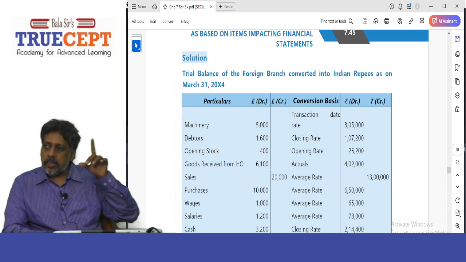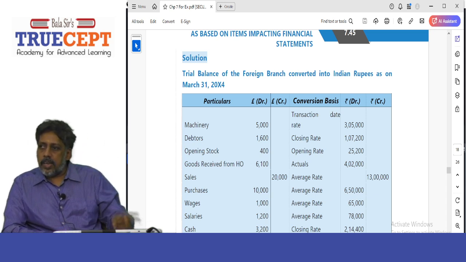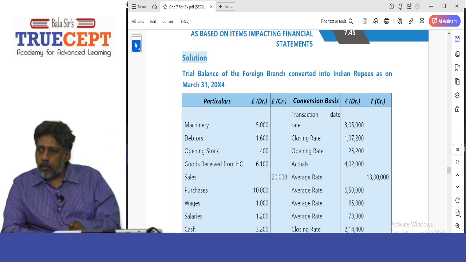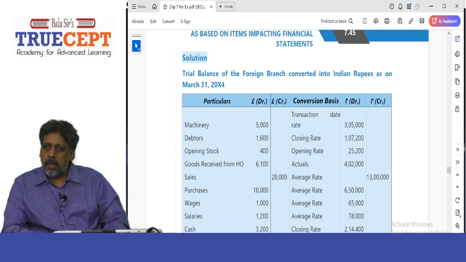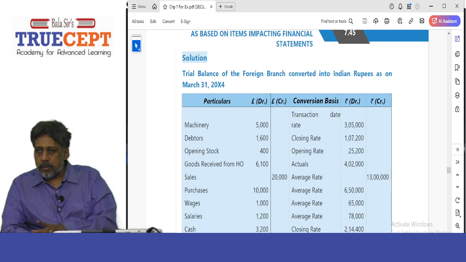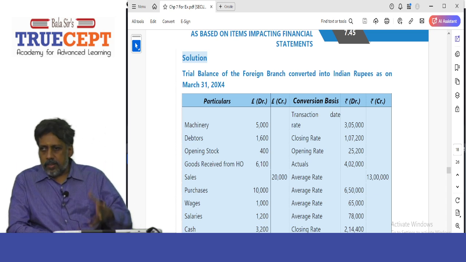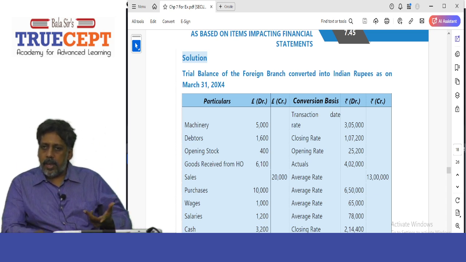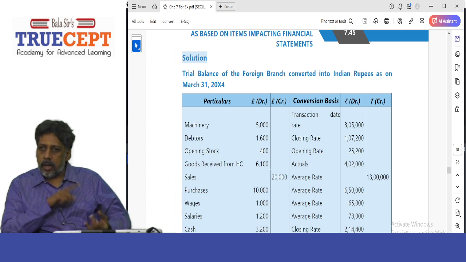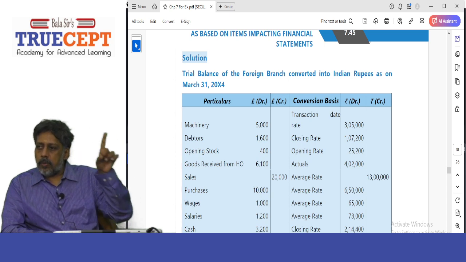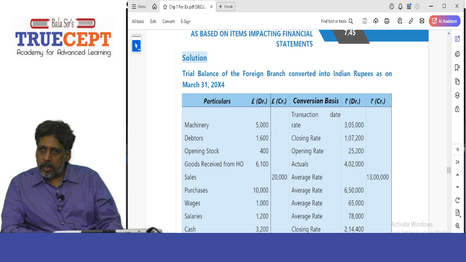That means the branch is an integral foreign operation, that is IFO, and not NFO, a non-integral foreign operation. Since goods are bought from the head office, the branch depends on the head office for the goods to be sold in the UK. Therefore, the branch is only an extension of the head office operations.